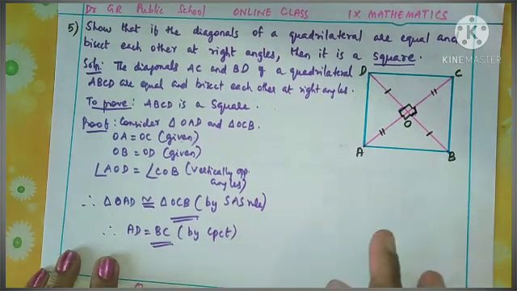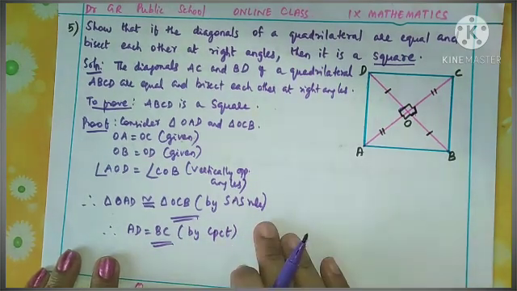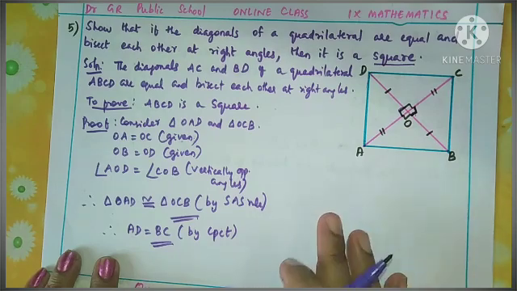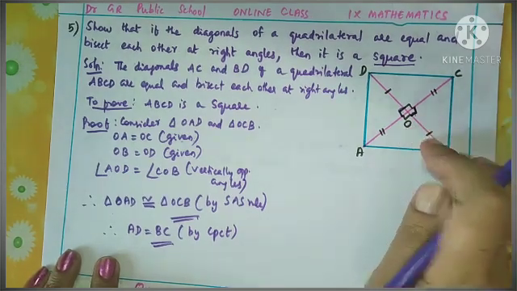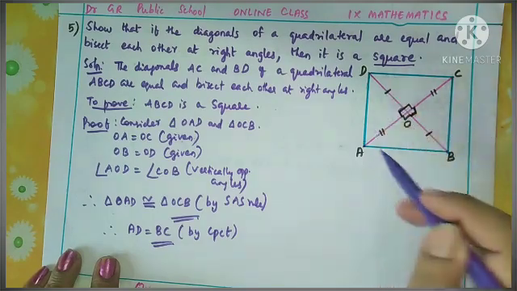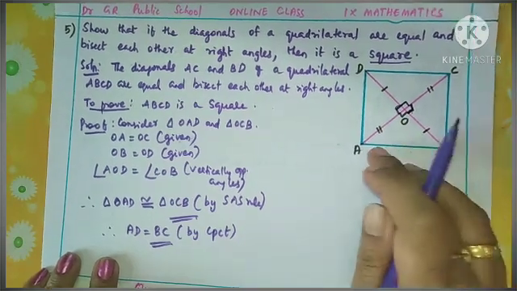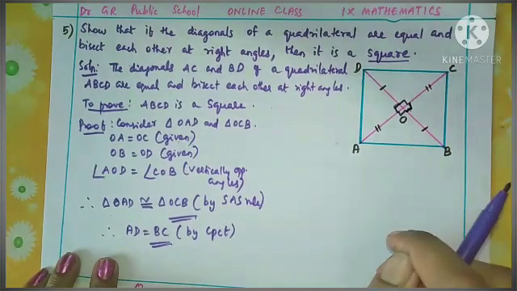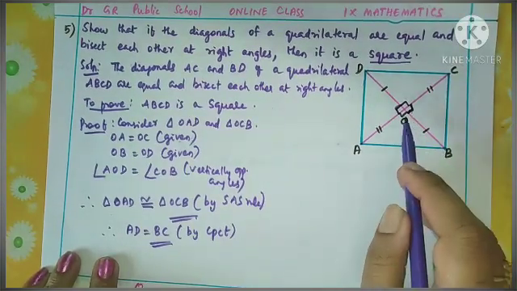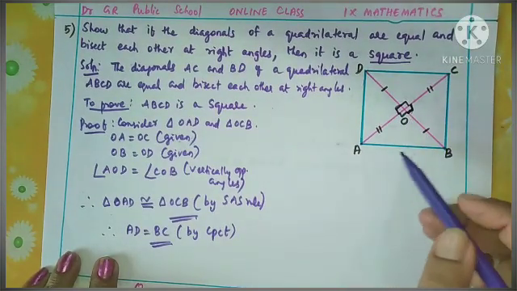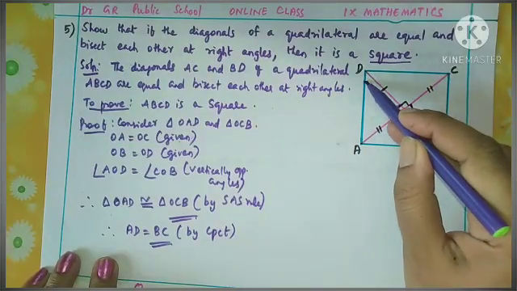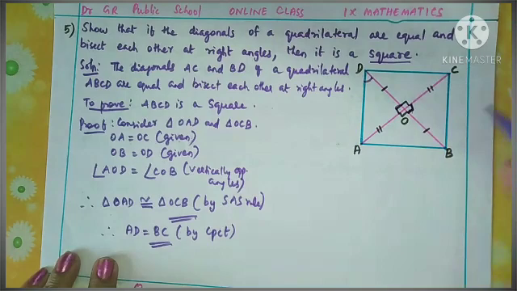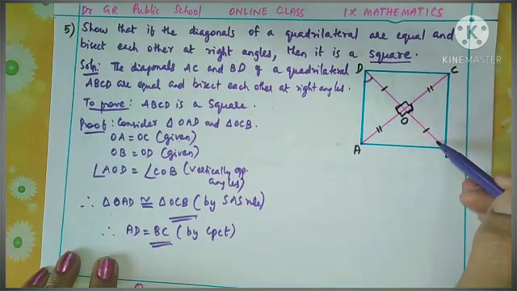So one result we got. Now my question is, what about these angles? Because we want here not only the sides to be equal, we want each angle 90 degree also. So what about these angles, ODA, this angle, and OBC, this angle?